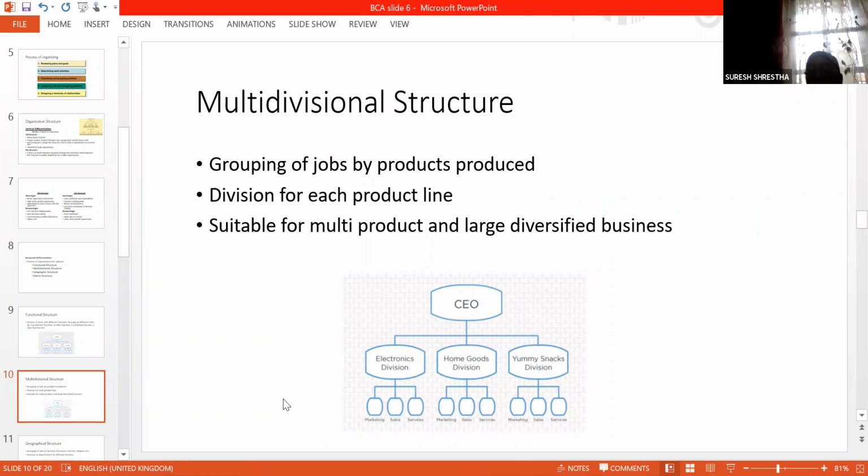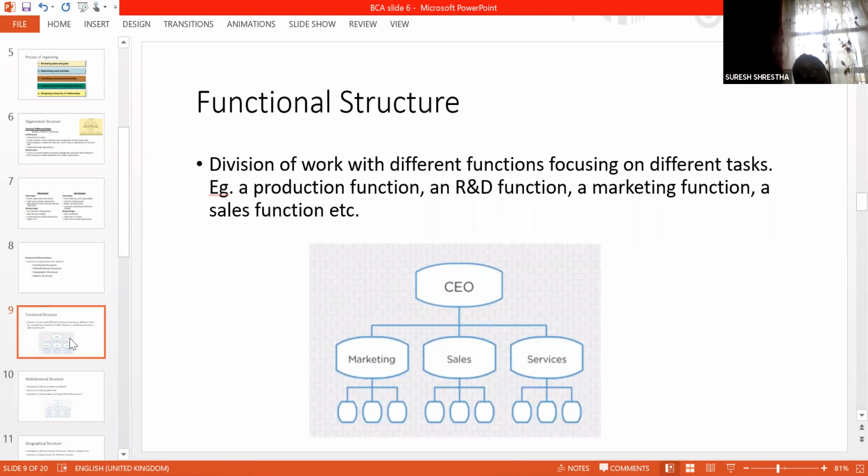So that is where the difference is. You see, here you divide the organization on the basis of function first, and then those function will work for all the product division. सबै product को लागि यसले गर्दिन्छ त्यो मार्केटिङले.